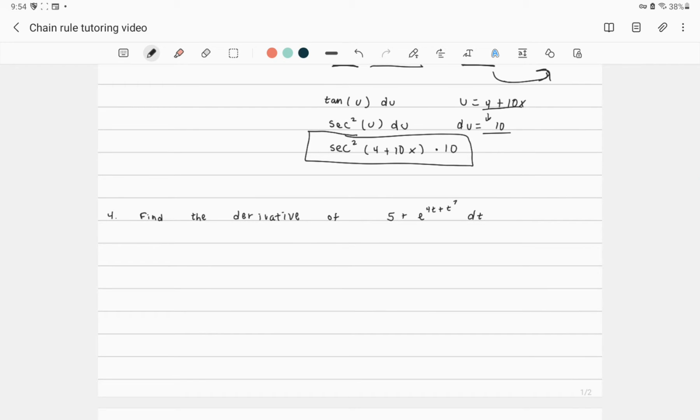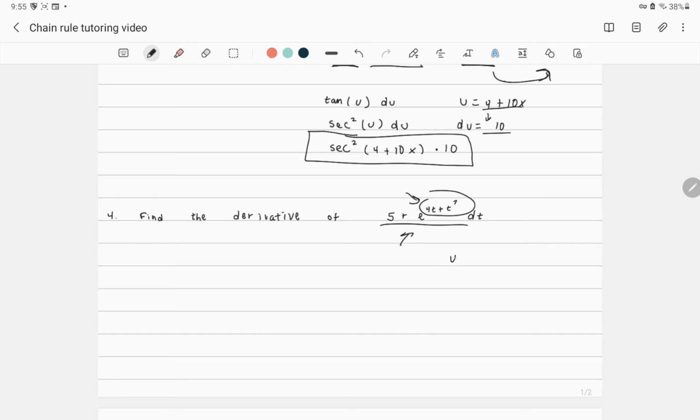Okay, so now we're looking at this problem. There's an exponential here, and this one we're not focusing on the parentheses because there is no parentheses, so we're going to actually look at this complicated stuff up here, because we can't do this function with just any basic power rule or the product rule or the quotient rule right now, so we're going to have to use the chain rule.